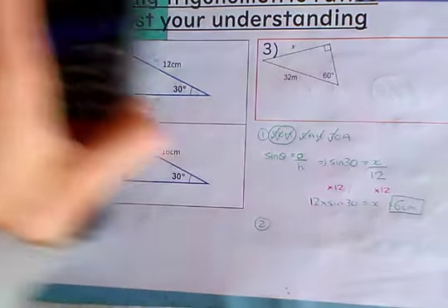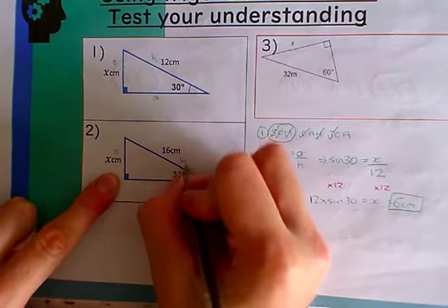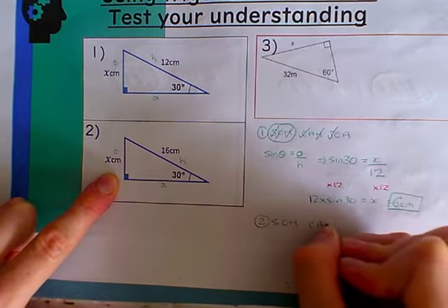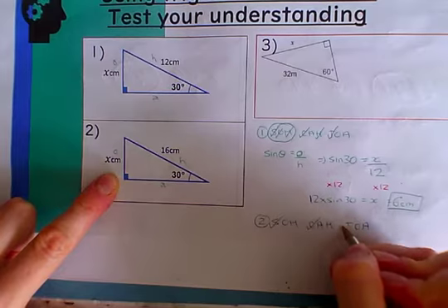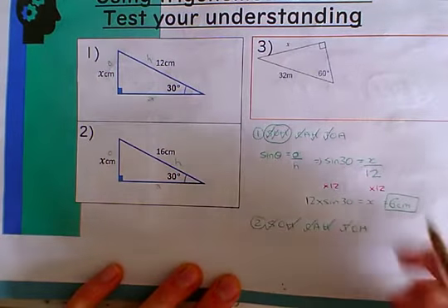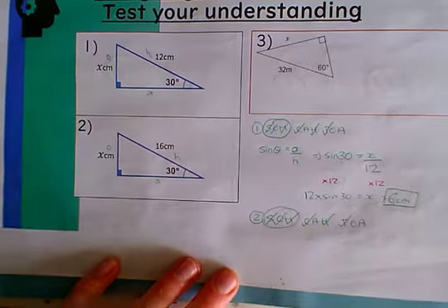Question 2, if we label the sides, again we've got the opposite, the hypotenuse and the adjacent. So if we write out SOHCAHTOA, we know the angle, so we can tick off sine, cos and tan. We know the hypotenuse, and we're again looking for the opposite, so we are again going to need to use sine.